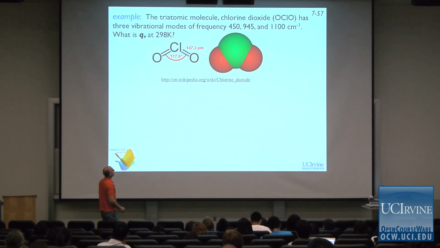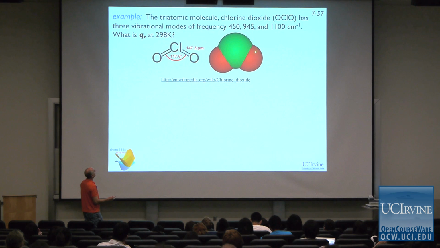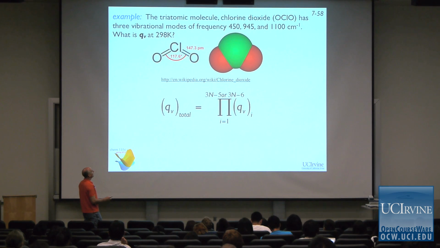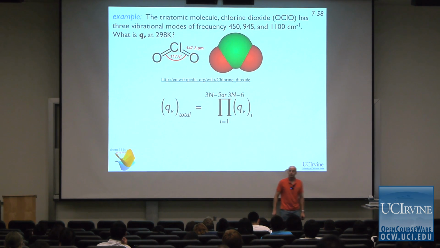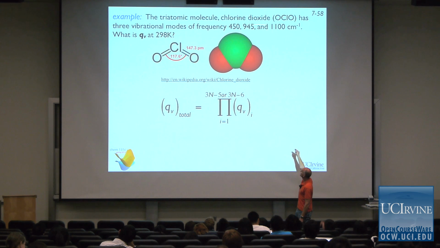Okay, let's do it. There's our molecule. How many vibrational modes does it have? 3. It's a good question to ask, because did I say anything about the degeneracy of these 3 states?